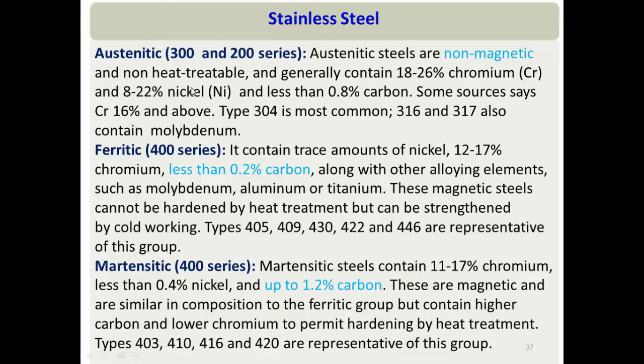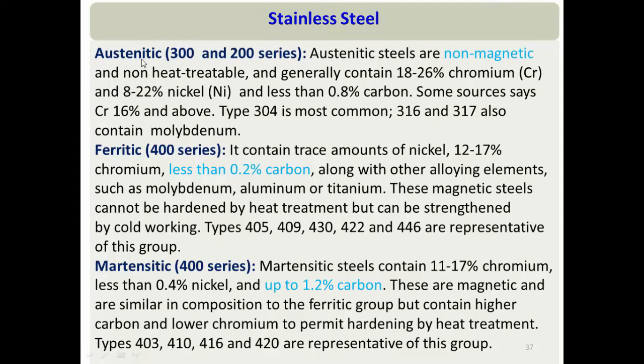Now there are other alloying elements which are also austenite stabilizers, like nitrogen or manganese. If nitrogen and manganese are added to make the austenite phase stable, then that type of austenitic stainless steel is called 200 series austenitic stainless steel. In a refinery, 300 series austenitic stainless steel is more popular, so we will discuss only this.